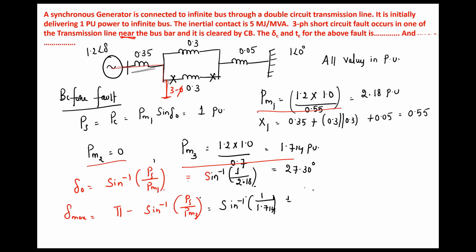This value will become 35.69 degrees. Sorry, pi minus that. So this value will become 144.3 degrees. So you know all the values.